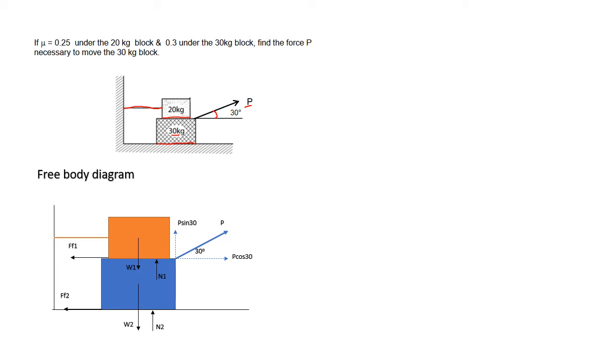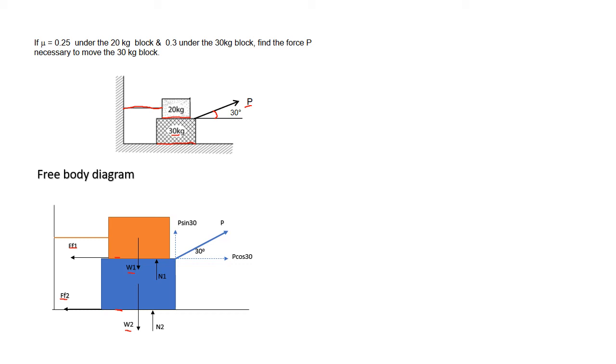So we see that we have two frictions, one between the blocks, or the bodies, and another one between the bodies combined and the surface, the horizontal surface. And here, W1 and W2. W1 is the weight of the block on the top, and W2 is the combined weight of the top and bottom block together.